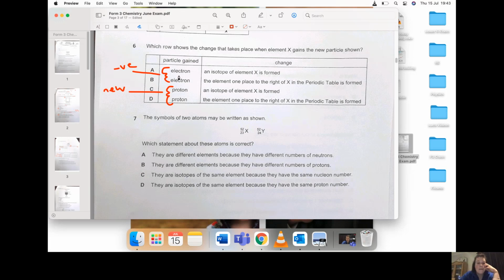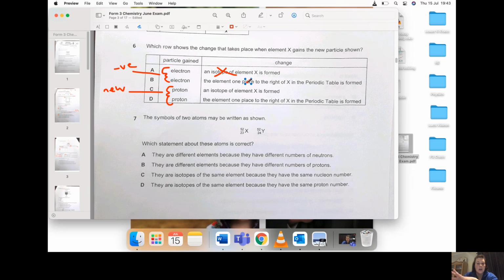So A, if you gain an electron, an isotope is formed. Wrong. If you gain an electron, you form a negative ion. Answer B. If you gain an electron, the element one place to the right is formed. Again, that is wrong.